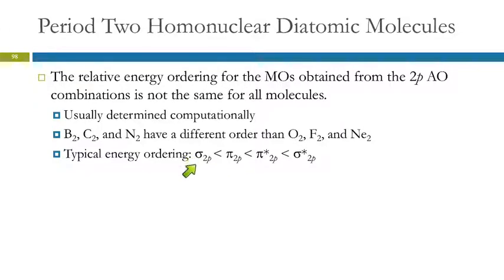The bonding orbitals are lower in energy than the anti-bonding. And it's symmetrical. We've got the sigma is the lowest, and the sigma anti-bonding is the highest energy. The pi bonding orbital is lower and the anti-bonding is higher. So sigma, pi, pi, sigma.